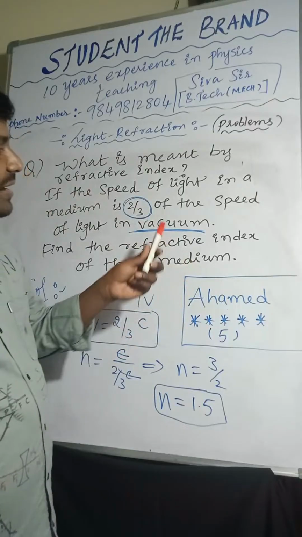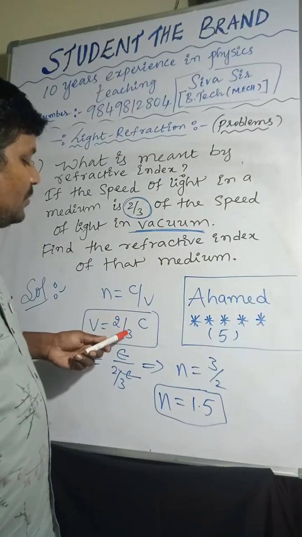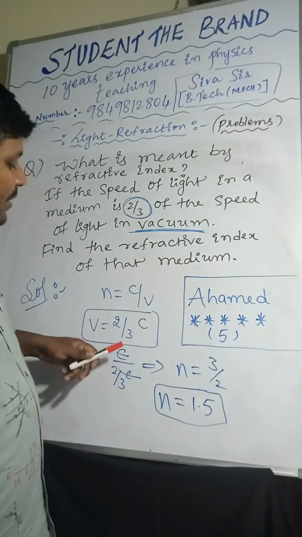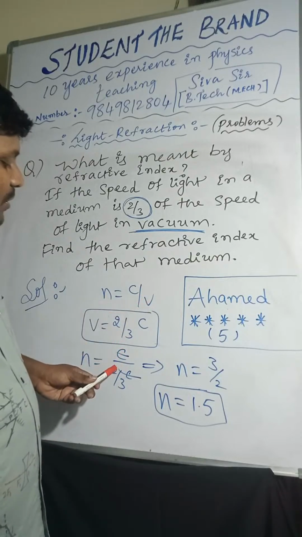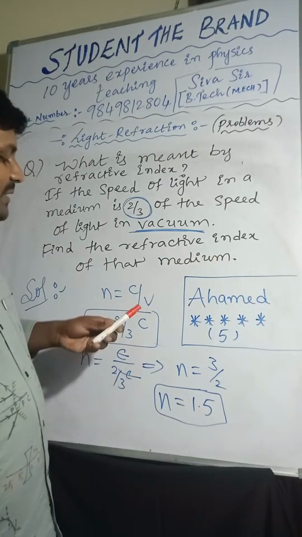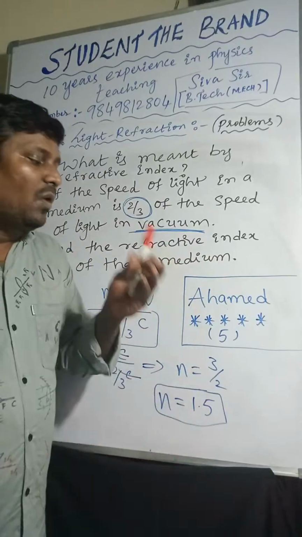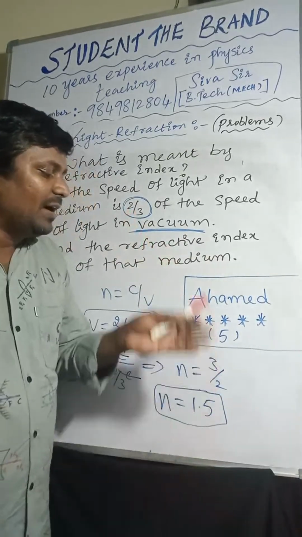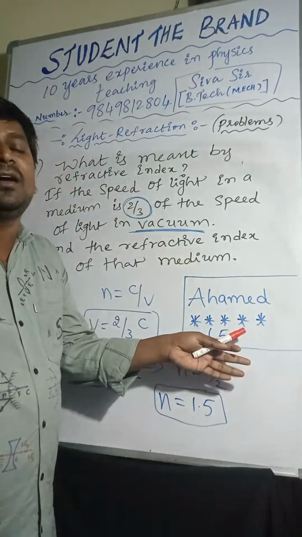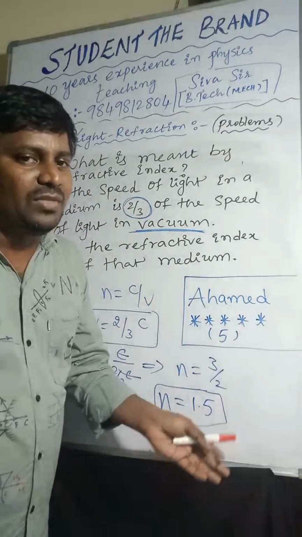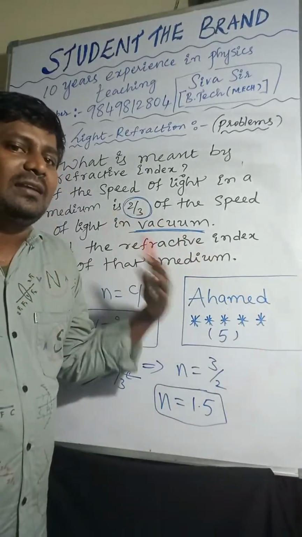By the given condition, we can conclude that v equal to 2 by 3 into c. Now substitute in place of v: n equal to c by 2 by 3 into c. The c gets cancelled, then you will get n equal to 3 by 2. What is the value of 3 by 2? 1.5. So you got the answer.